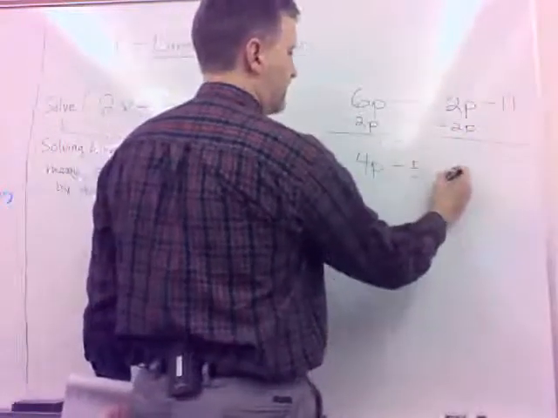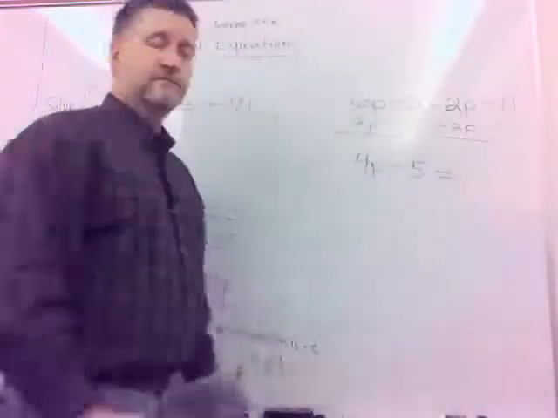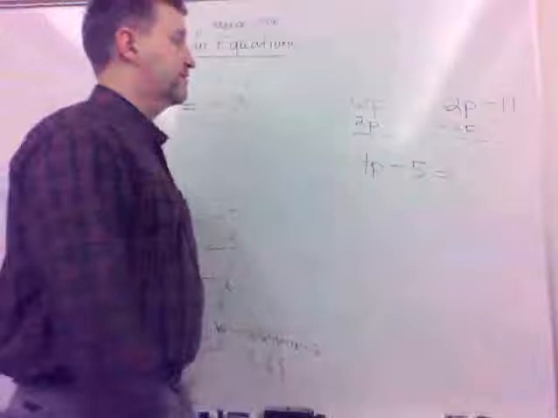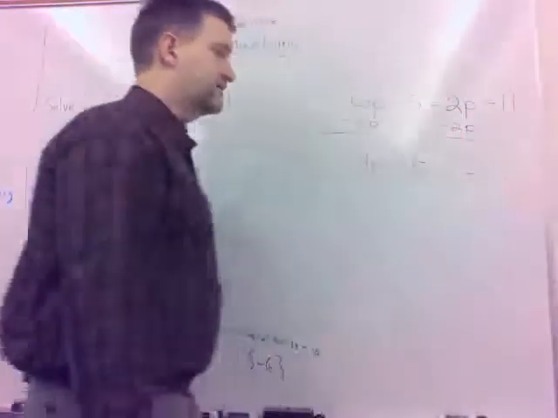I still have the minus 5 on the left. But 2p minus 2p is 0, so that term has disappeared from the right side. All I have on the right side is the negative 11.